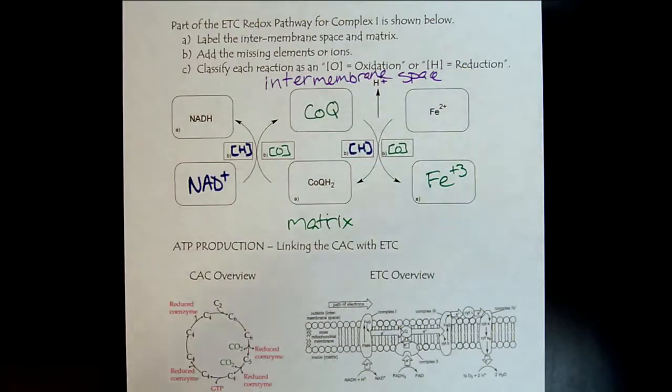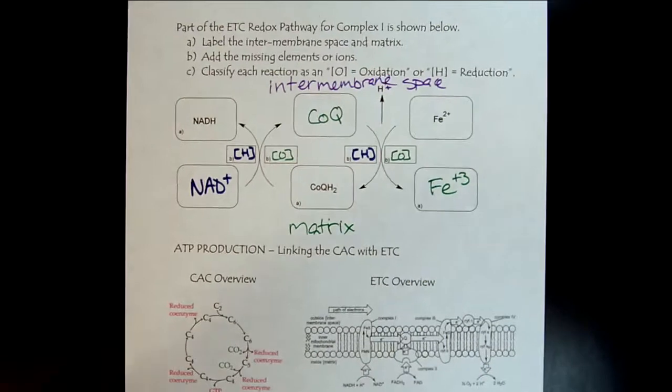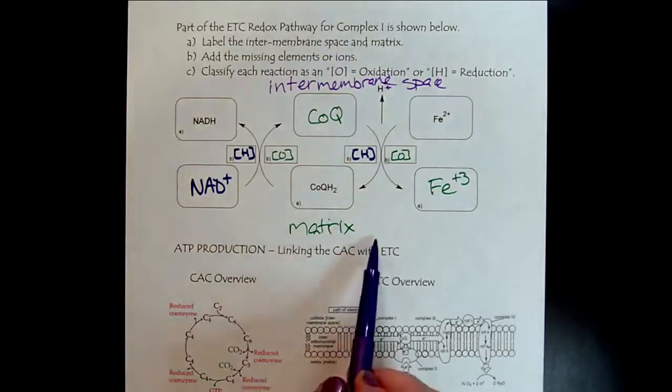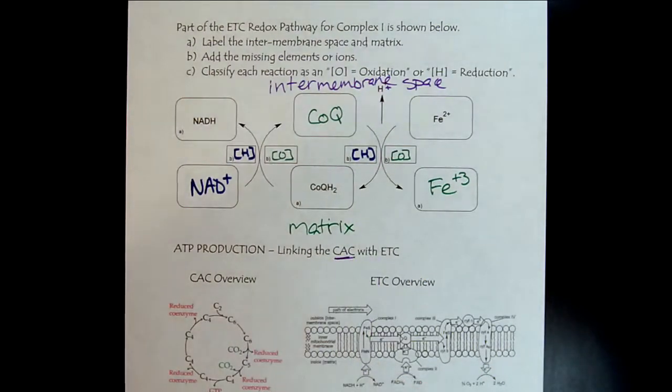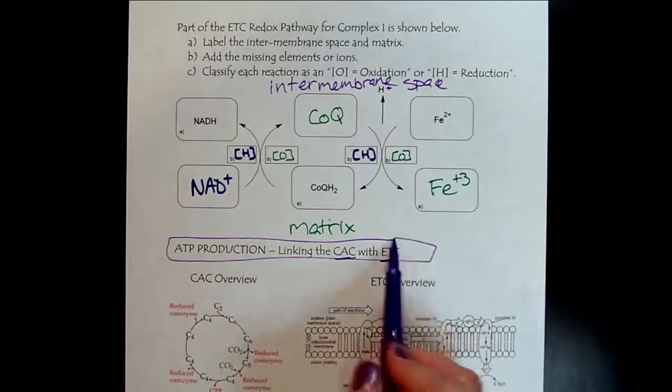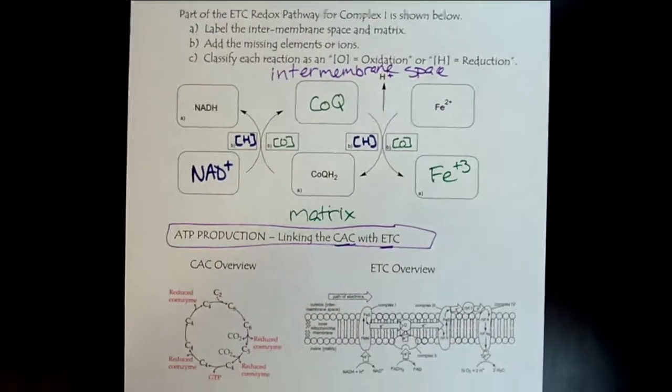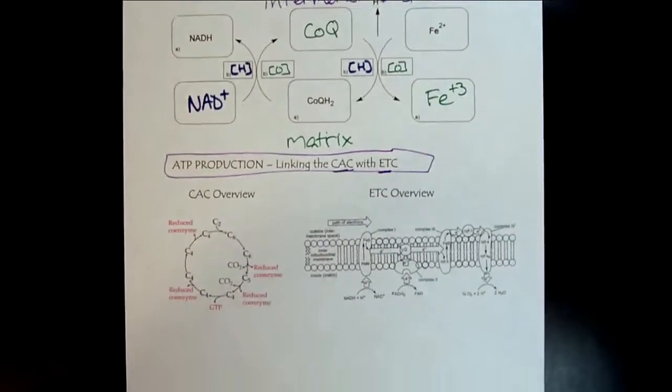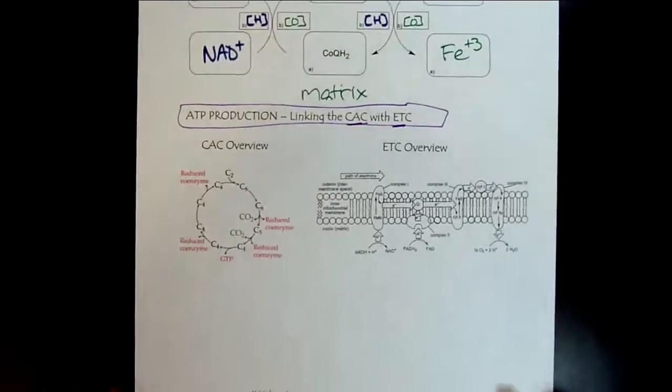And now I'd like to do one last thing to put this all together. We've studied the citric acid cycle, and now we've studied the electron transport chain. We need to link these together, because they're really part of a bigger system. So let's focus on what we've learned.